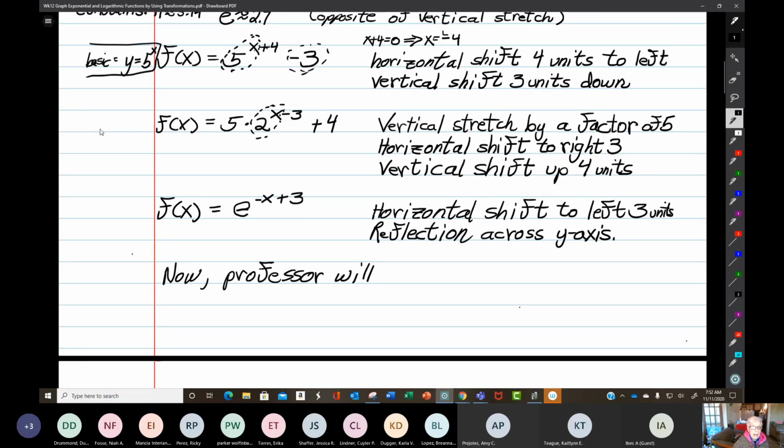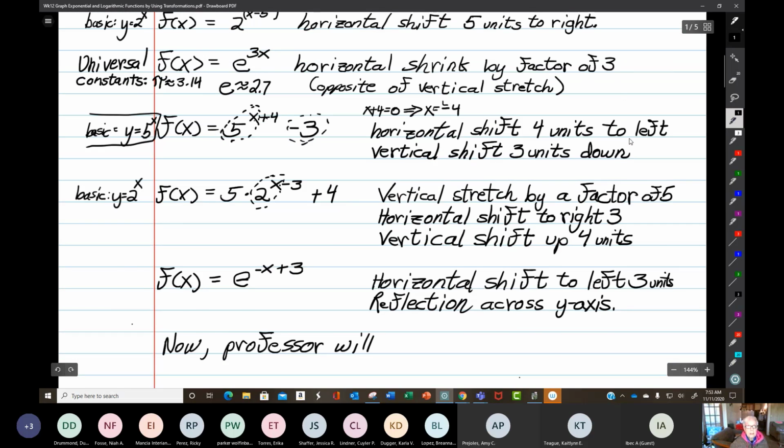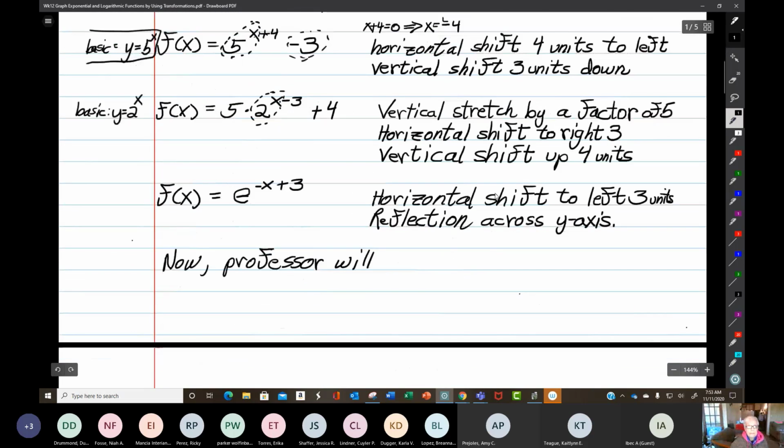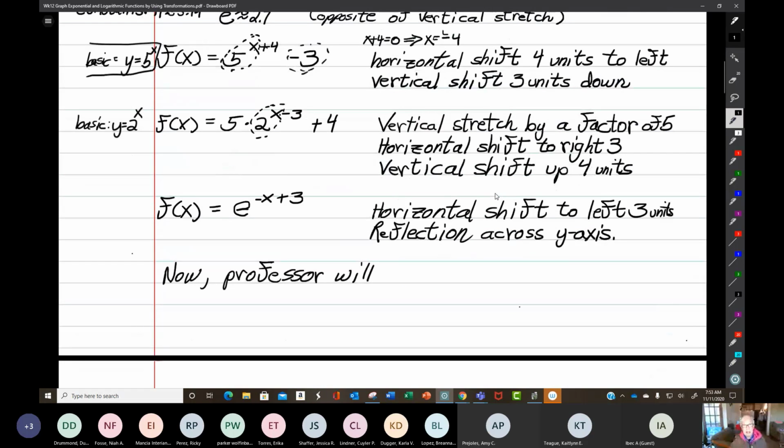Now, out here, your basic function is y equals 2 to the x power, and we have that already graphed up here. Although, quite honestly, y equals 5 to the x would look pretty close, because they all look basically alike. Well, there are points different, but the shape is the same. All right, now, the 5 in front is a vertical stretch.